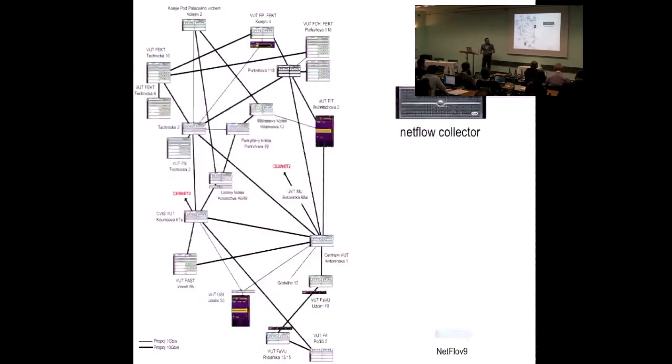We actually have three points where we get NetFlow data. Two of them are on the upstream line where the university is connected to the test network, and one is in the students' dormitory. It's a rather experimental point, but a very interesting one because we have most of the data on this switch where students are connected.